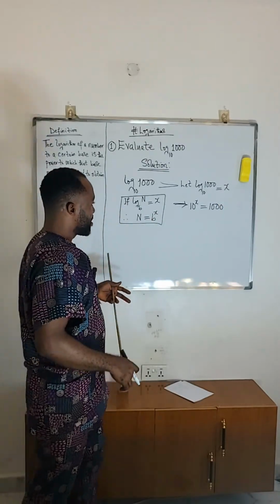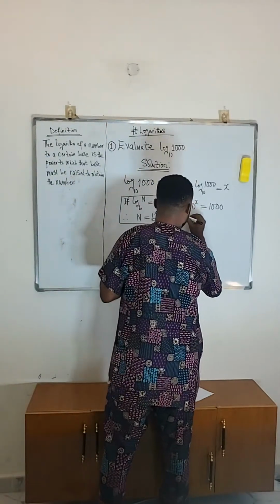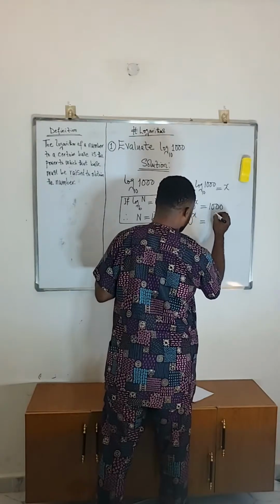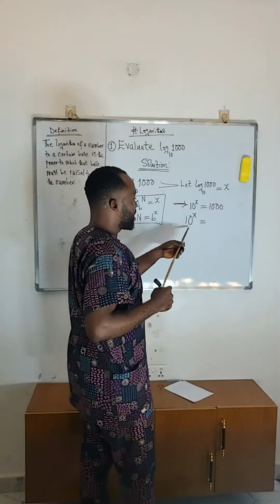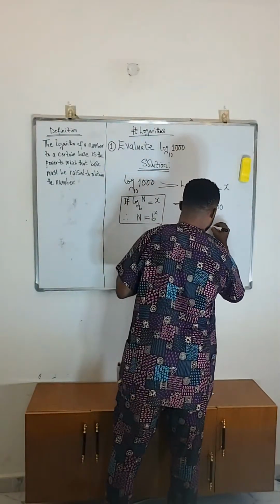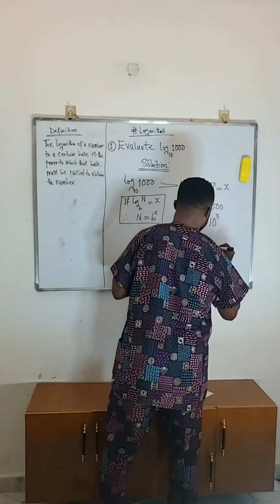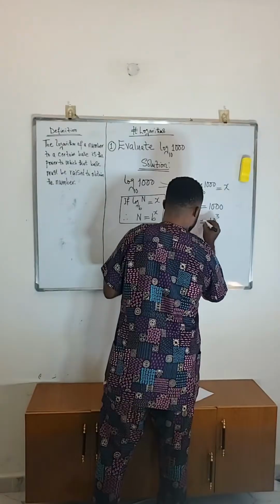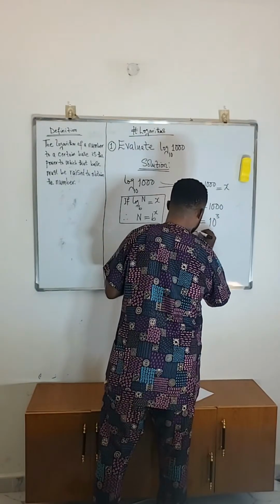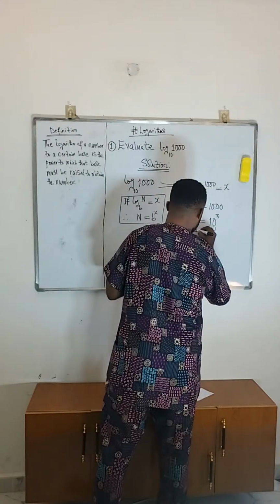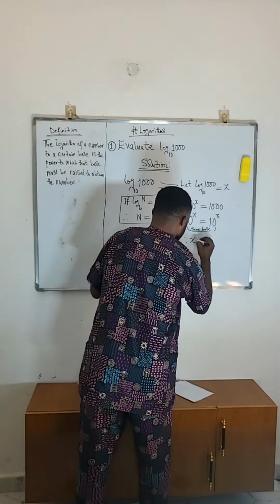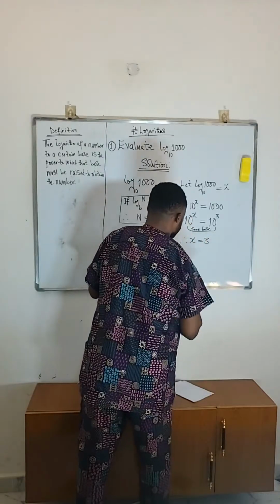In the next step, we see that 10 raised to the power of x equals 1000 can be expressed in terms of 10 as 10 raised to the power of 3. Now since this has the same base, it therefore means that x equals 3.